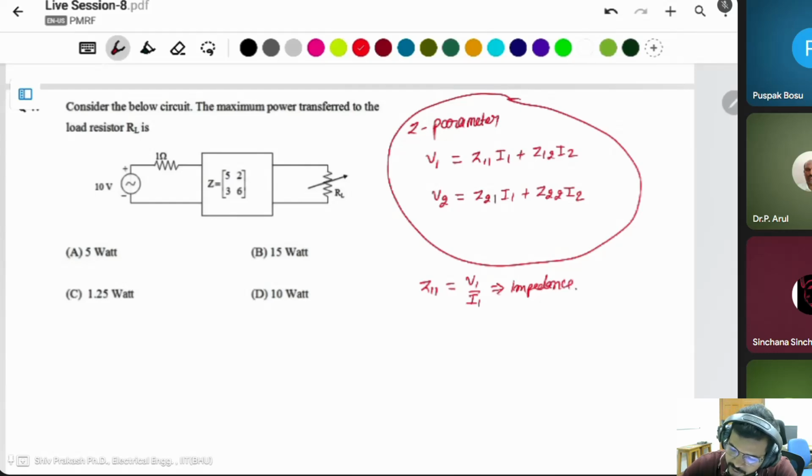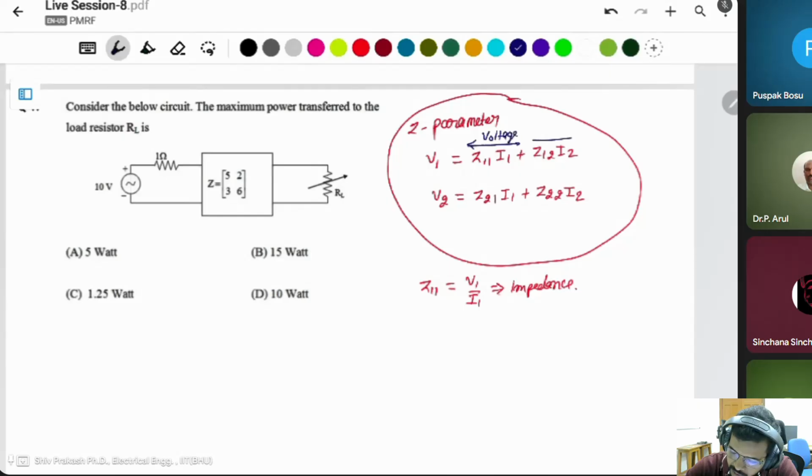But V1 is equal to Z12 into I2. This is the voltage equation. It means all of these are denoted as voltages.